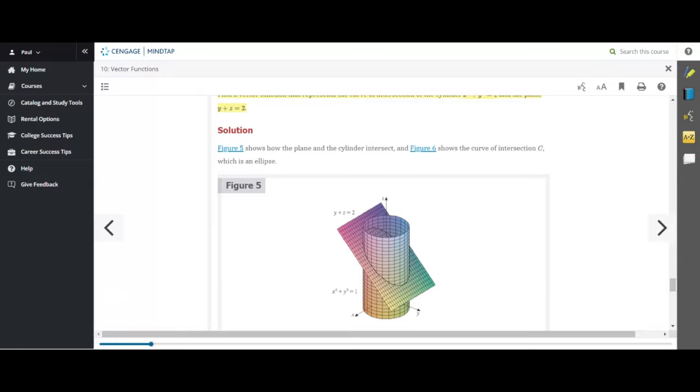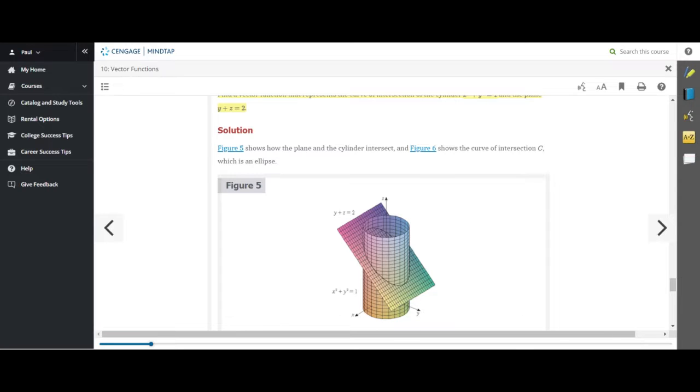Cylinder, vertical cylinder with radius 1, intersects the plane. And what would the intersection look like? Would it be a circle? Good, Mary.